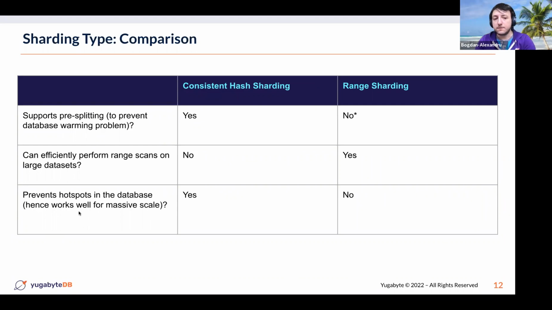And finally, hotspots. One of the problems that we end up seeing is that your user traffic is different based on your distribution of data, or based on, let's say, some accounts, some user IDs or some account IDs having more data.